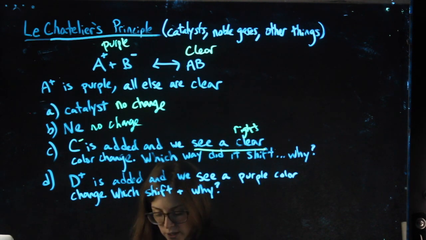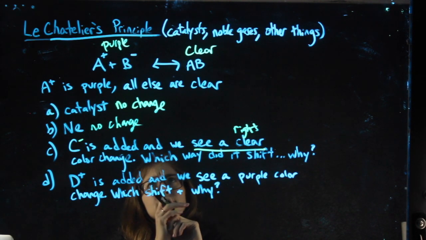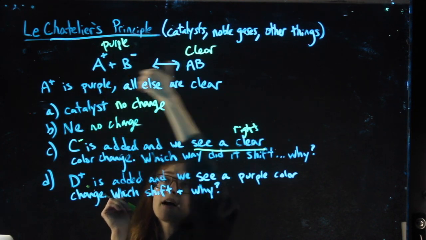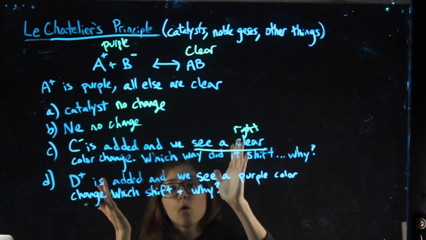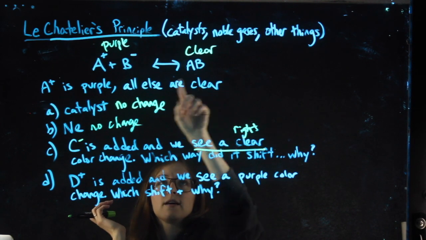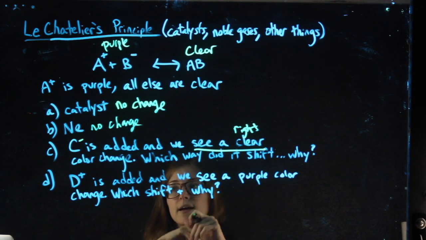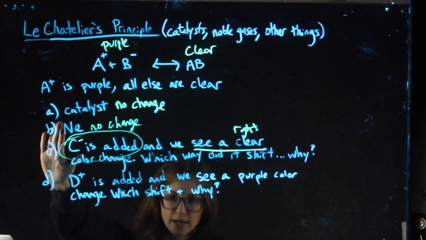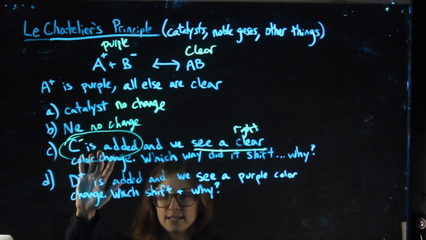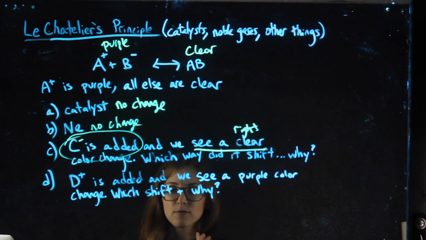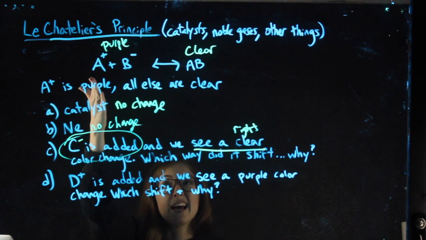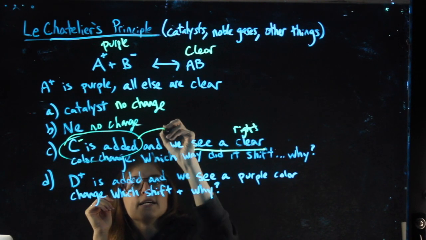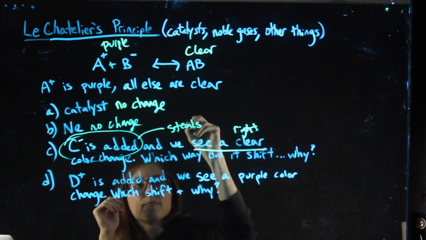Now, why would it have shifted right? Well, if we had a hill on the left, that could make it shift right. Or if we had a hole on the right, that could make it shift right. Anytime we are adding something, other than like a noble gas, anytime we're adding something that is not in our reaction, this random thing isn't A or B or AB, what it does is it comes in and steals something.